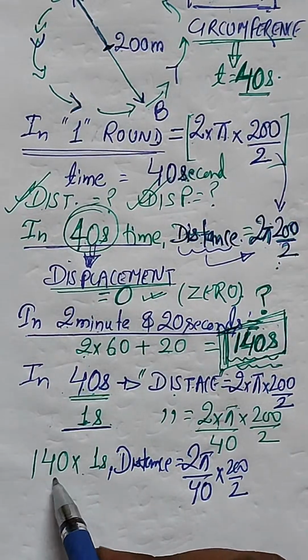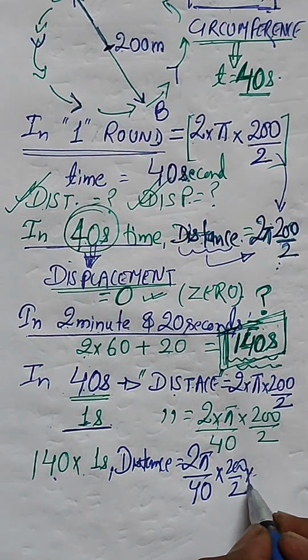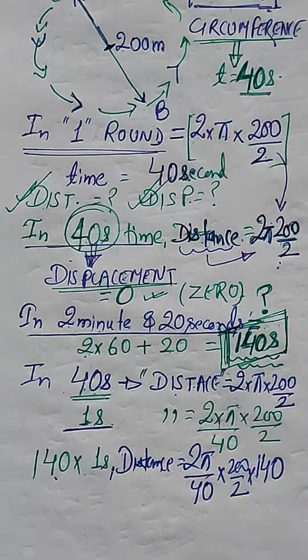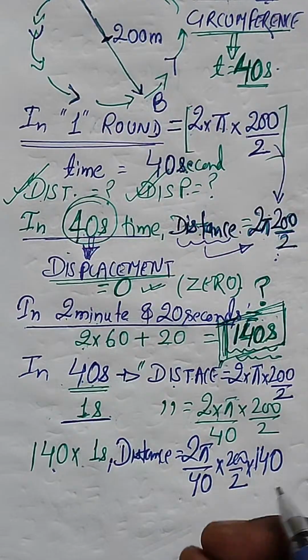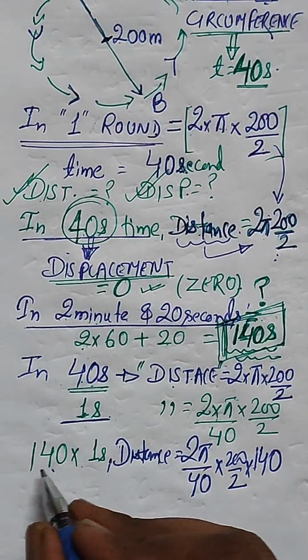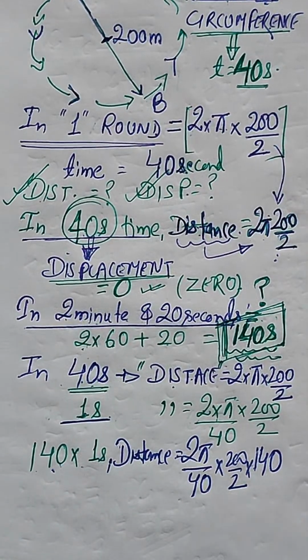Since we multiplied 140 into the LHS, we need to multiply 140 into the RHS also, right? Simple unitary method, nothing more than that. So the distance covered in 140 seconds will be, you just solve it.